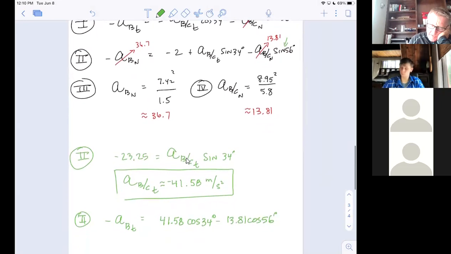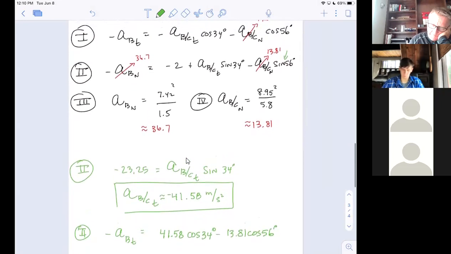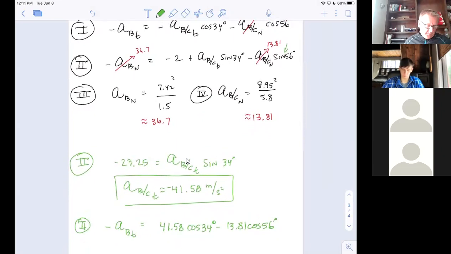So that's that first equation up here. Let's see what I get.